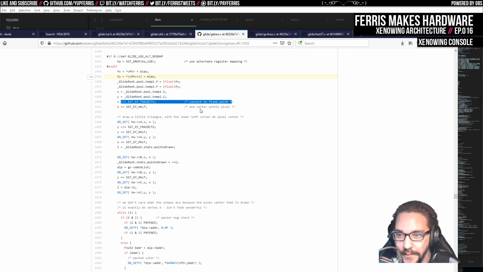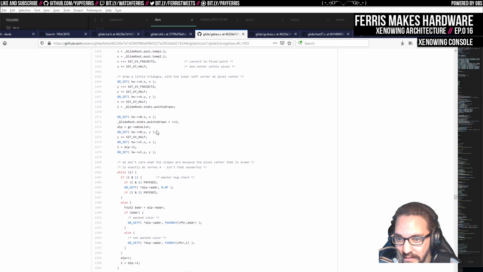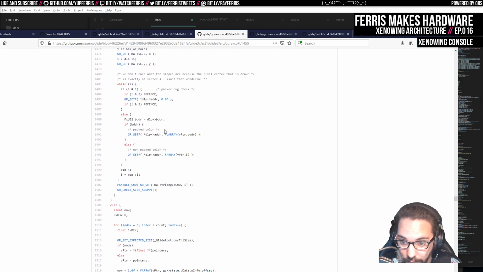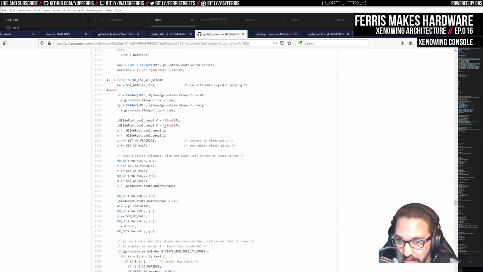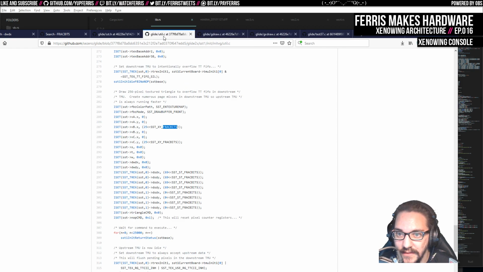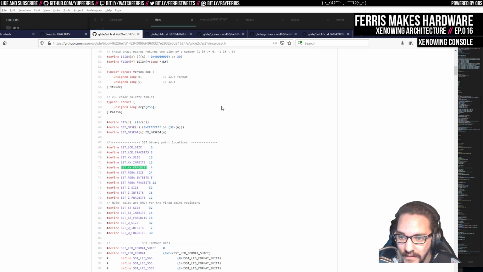So yeah, here they convert to fixed point and then center within the pixels. So that makes sense. And then if that's what they're doing everywhere, then that's a bit shocking to me. What are the values of these frac bits things? Because if they're more than, this gets us 4.